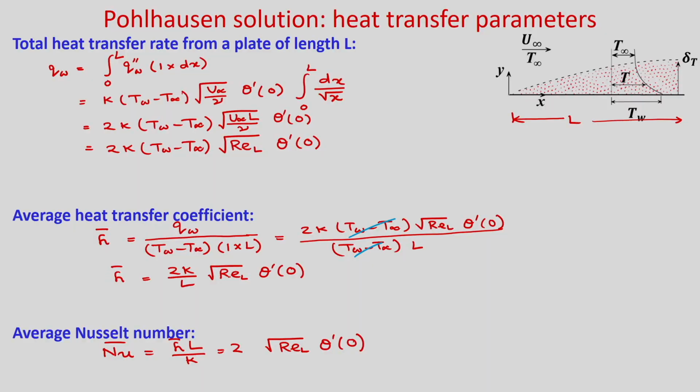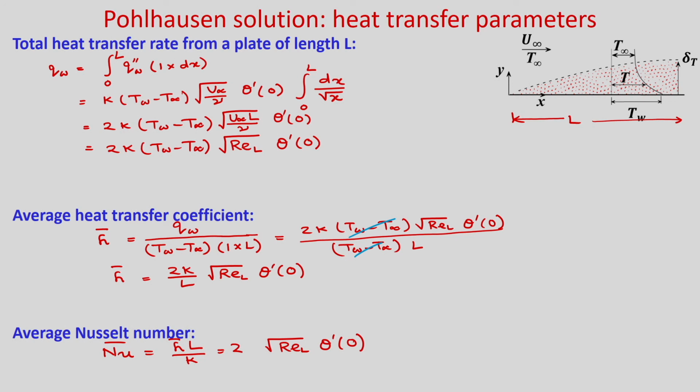So, theta prime 0 is still unknown because you need to find it from the temperature distribution. Here you notice the local heat transfer coefficient and the average heat transfer coefficient. You can see that your average heat transfer coefficient is double the local heat transfer coefficient at x equal to L, and similarly the average Nusselt number is twice the local Nusselt number at x equal to L.